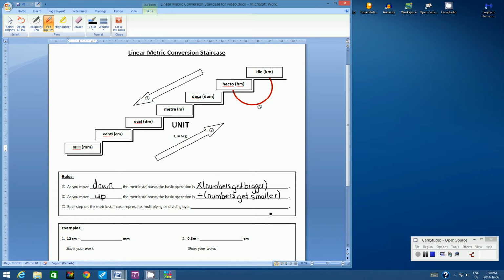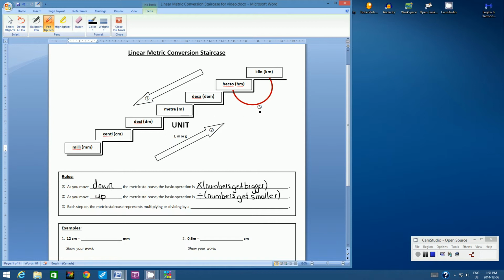And that makes sense too, because if I gave you a number in meters and asked you to convert it to a number in kilometers, we would move up the metric staircase, and the number of kilometers would be a much smaller number than the number in meters.